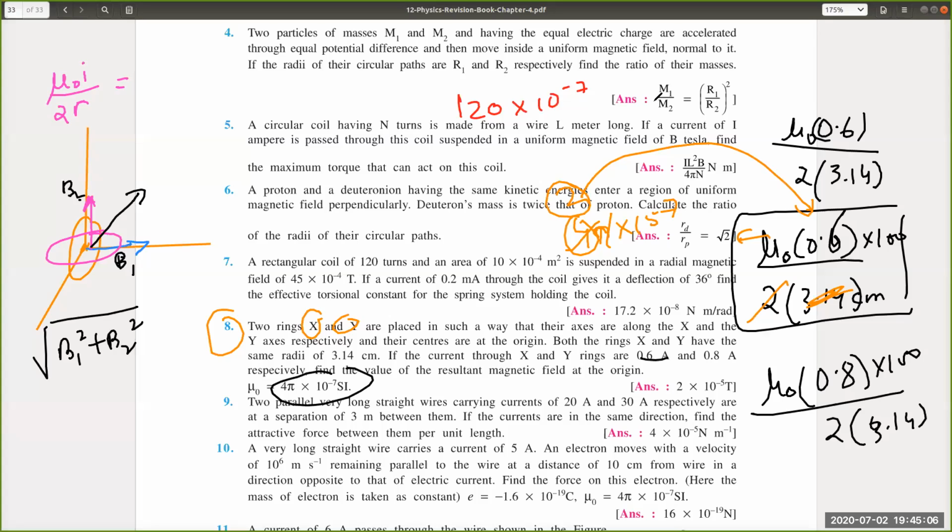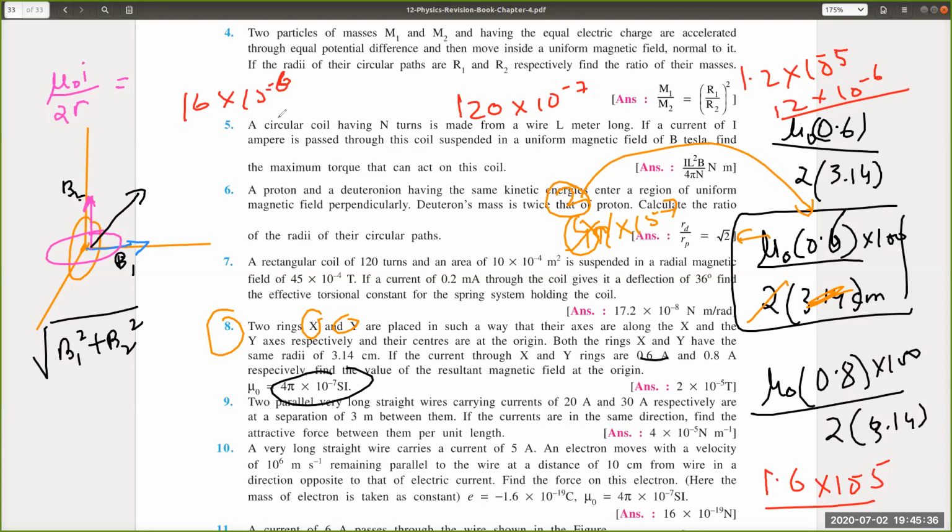So this is 1.2 into 10 power minus 5. And the other is 1.6 into 10 power minus 5. So it is basically 12 into 10 power minus 6, and this is 16 into 10 power minus 6.